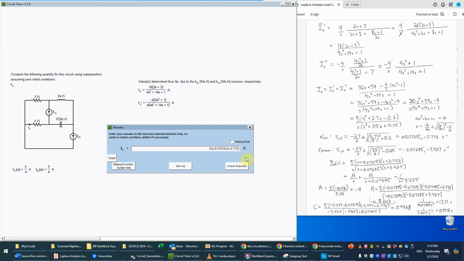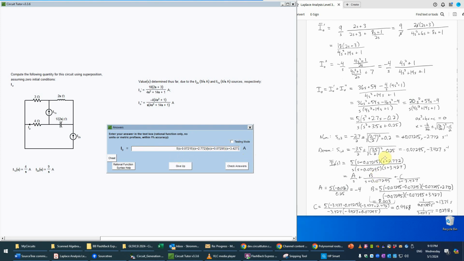And then we're going to divide that, and now we need to use a square bracket to enclose the multiple terms. So that will first be s, and then open parentheses, s plus 0.07295. Close that parentheses, open another, s plus 3.427. Lots of numbers. And finally, close that with the square bracket.